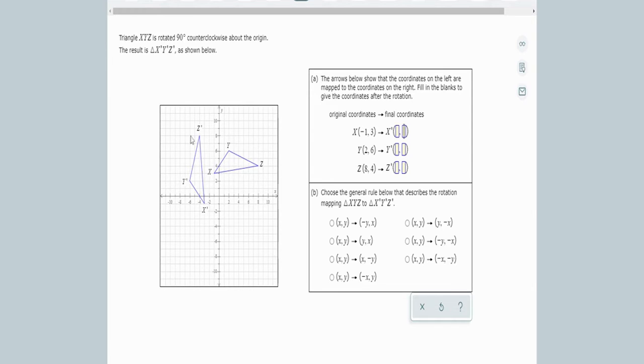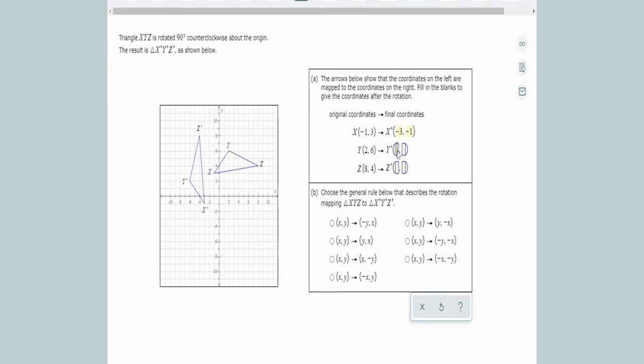Now we're going to find the coordinates for the next three points and then answer question B related to this. So if we look at, we'll start with X prime. That would be -1, 2, -3, -1. So that would be -3, -3, and -1.